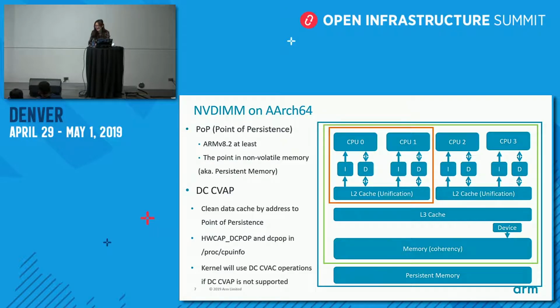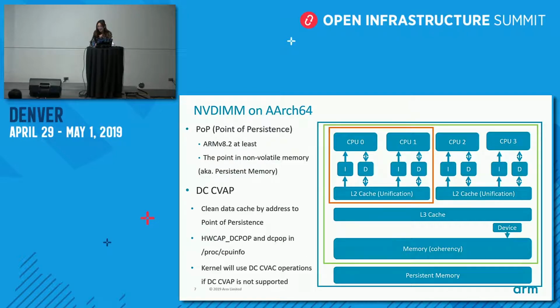do cache maintenance, we have two instructions: cache clean and cache invalidate. Those instructions can operate at different levels. Before 8.2, we had only two levels: POU, point of unification, and POC, point of coherency. Generally speaking, POU points to the L2 cache, and POC points to the external memory system.